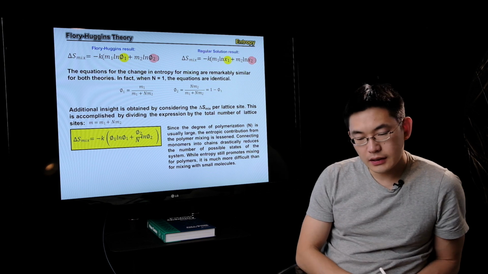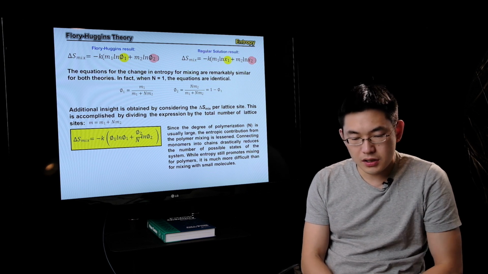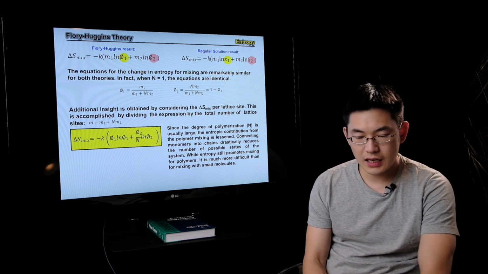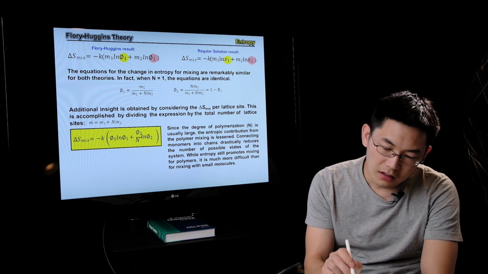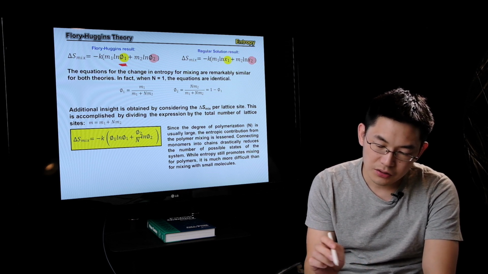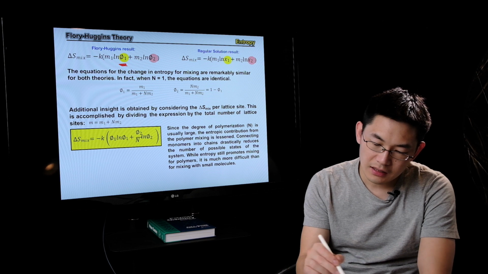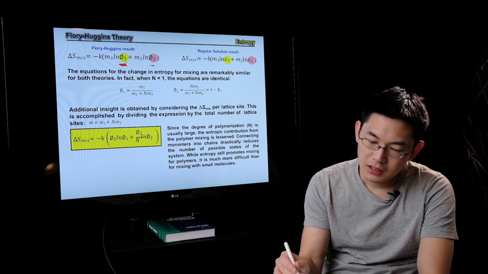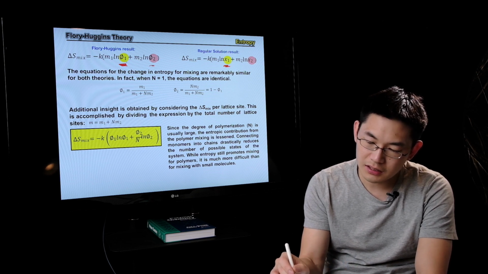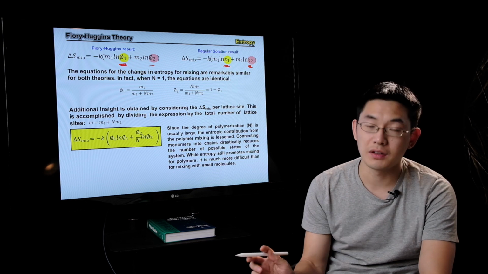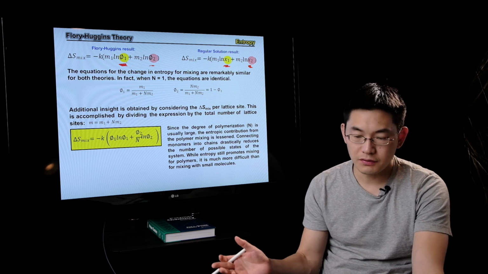Well, then we can reach in the Flory-Huggins theory that your delta S will be related to the volume fractions phi 1 and phi 2. In the regular solution theory, it's also the volume fraction, x1, x2. There's no difference, right?